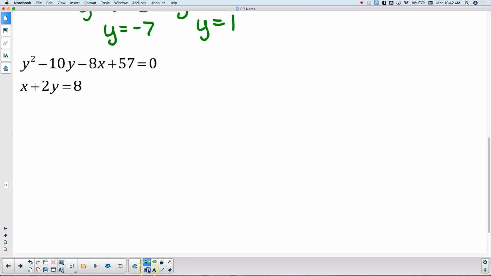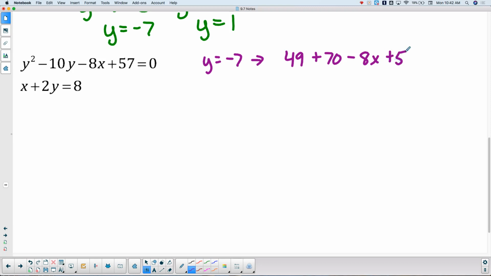Okay. So if I'm looking at y equals negative 7. Negative 7 squared is 49. Negative 10 times negative 7 is positive 70. Minus 8x plus 57 equals 0.